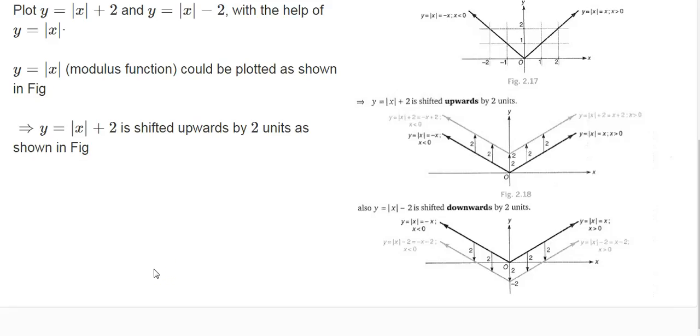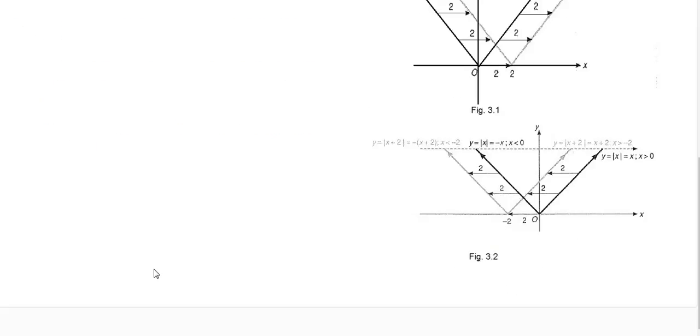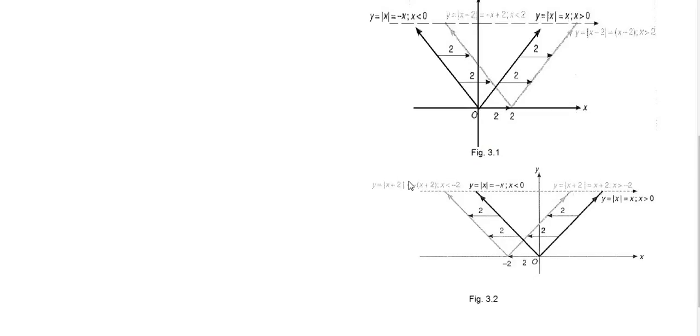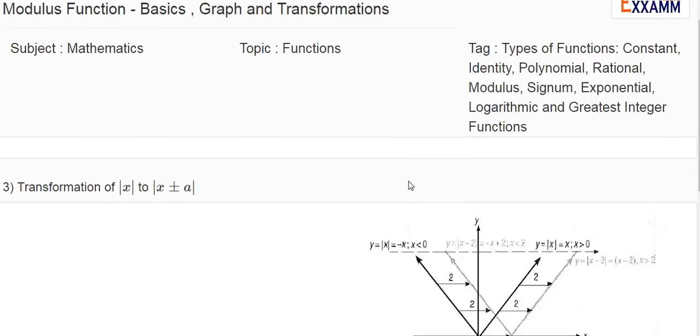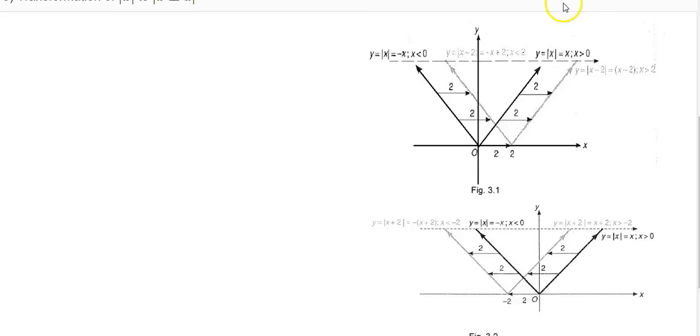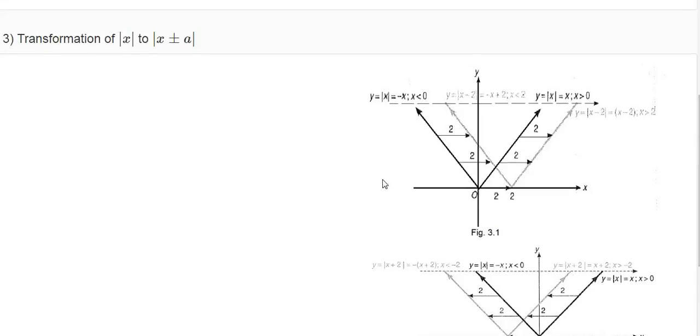Now let us consider transformation along the x-axis. So in this case, these are the cases. Here the original graph is y is equal to modulus of x, and now we are shifting it to modulus of x plus minus a.